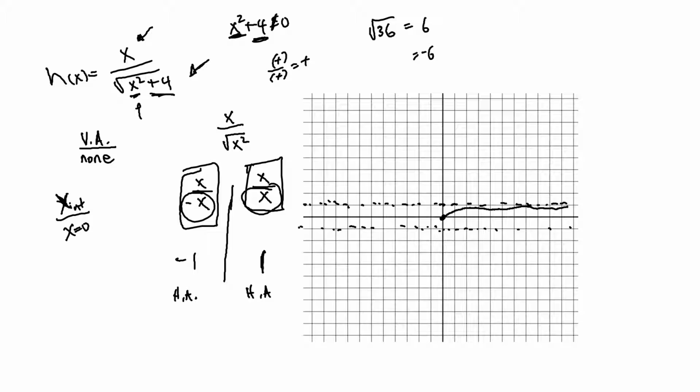But on the other side, if I put a negative number in for x, this number down here will always be positive regardless, because if I square a positive number or a negative number, it's always going to be positive. When I divide, I'm going to end up with a negative number. So on the left side of the graph, I'm basically only going to end up with negative numbers, so I'm going to approach the bottom asymptote. So this is roughly what the graph looks like.